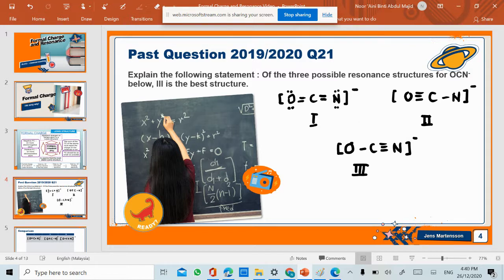Here, 1, 2, 3. Therefore, only 1 lone pair. Carbon 1, 2, 3, 4. And nitrogen 1 only. Therefore, there are 3 lone pairs. And for structure number 3, we have 1. Therefore, 3 lone pairs, to complete the octet. These structures are given, so only the lone pairs are not shown.